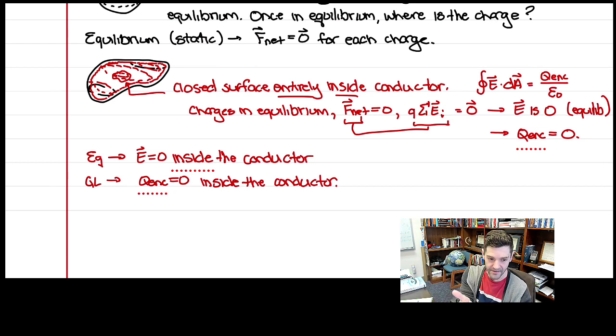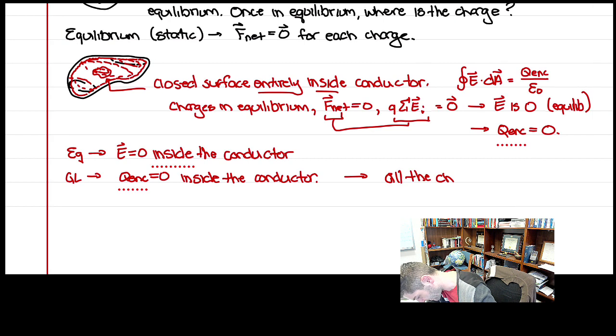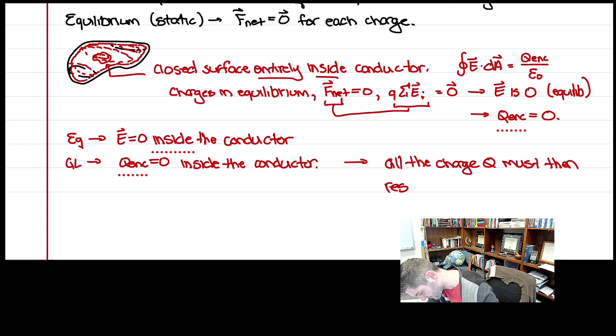Well, again, we can make the argument that the electric field is 0, so then the flux is 0. So then there can't be any charge inside that surface. But that surface essentially was the conductor, or at least the inside of the conductor. So this generalizes to say that all the excess charge, all the charge Q, must reside on the surface.